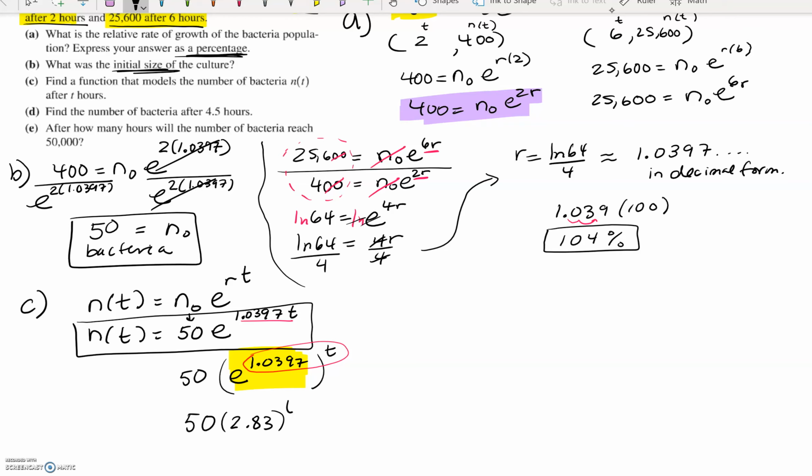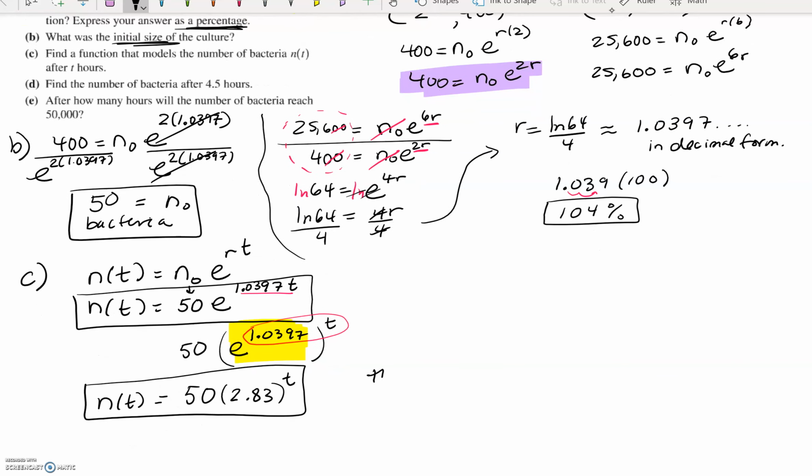You don't have to do this, but it's a good exercise to see how the same population can be modeled with a different equation that gives different information about it. So this population almost triples, because 2.8 is close to 3, every hour, having a relative growth rate of 104%, so increasing by 104% at every moment.